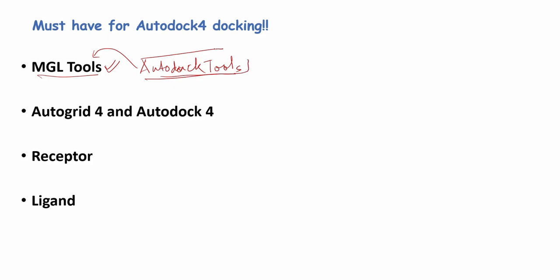Now, this is different. MGL Tools is just for preparation of the receptor and the ligand, and it gives you an interface to do that preparation. Then you have AutoGrid 4 and AutoDock 4. These are executable files; in the case of Windows, these are .exe files.